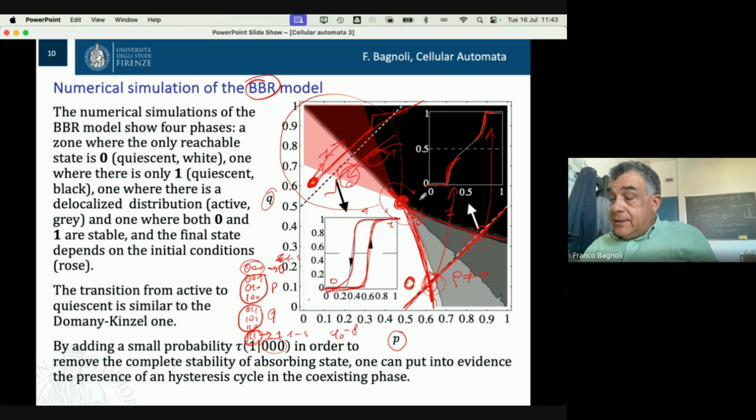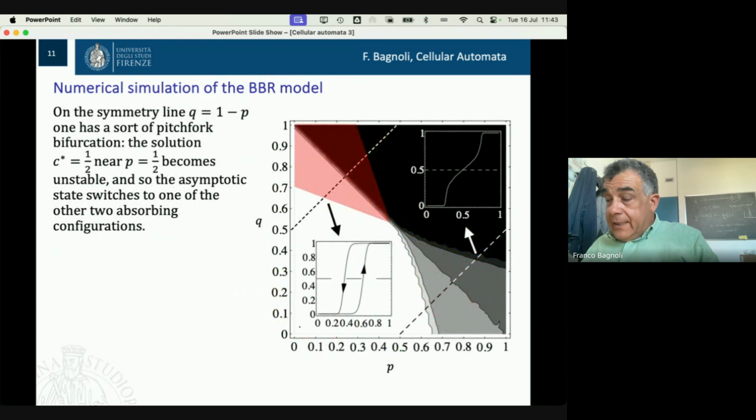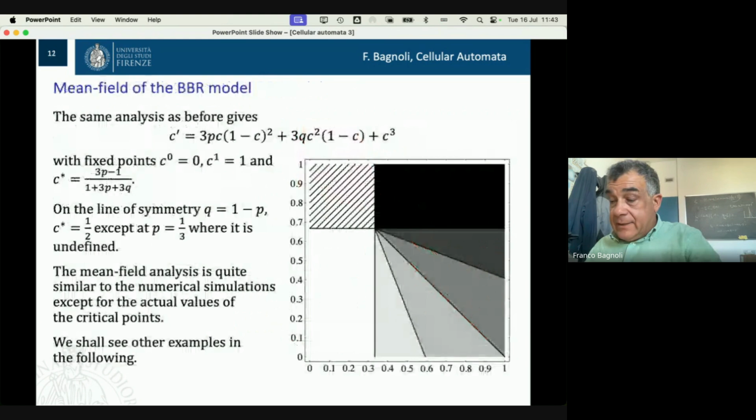And as we shall see, this is in a different universality class, but this is not really important. And clearly, we have symmetry with respect to this line. We can exchange Q and 1 minus P, and 0 and 1, and you have still the same system.